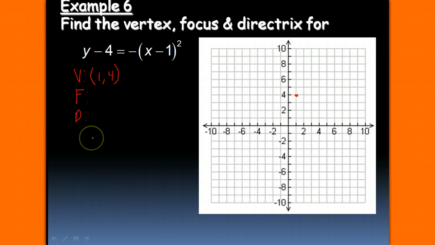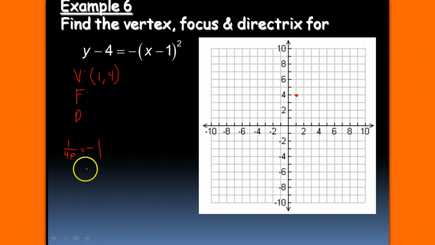Alright, so now we need to find our P so we can find our focus and our directrix. So what we're going to have to do is look at this. Now normally this is going to be 1 over 4P. In this case that equals negative 1. Well, the numerator is not going to change. That 1 is always just going to be 1.